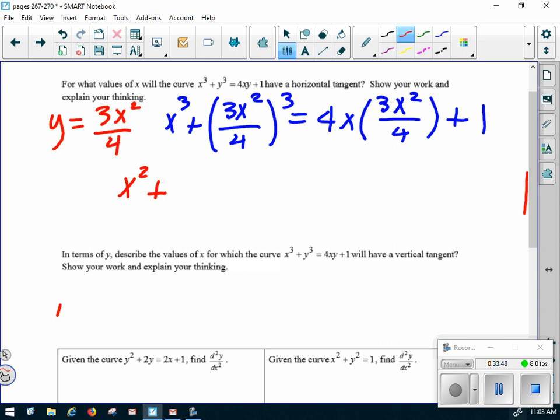Okay. Now, what's the next piece? Okay. Your numerator, well, you made one mistake. Your numerator is not 3x to the 6th. It's 3 cubed, so 27x to the 6th over 4 cubed.